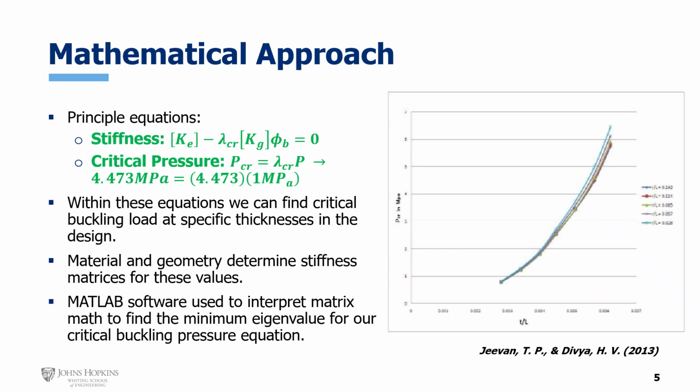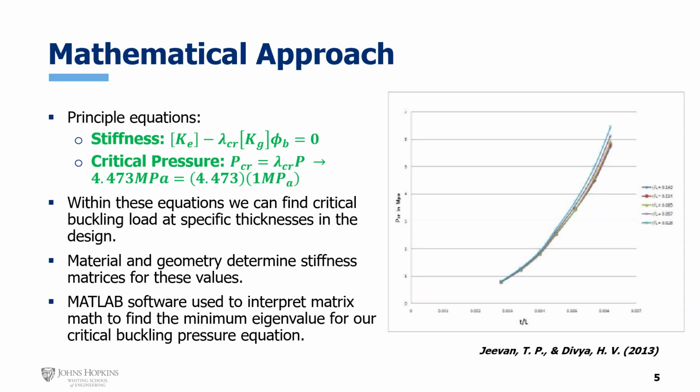In this case, 1 MPa was used for initial calculations. These values were also shown in the study and determined through FEA. Once we establish these matrices, we can import them into something like MATLAB to interpret them and find the minimum eigenvalue and determine the point at which the critical buckling will occur for different wall thicknesses.